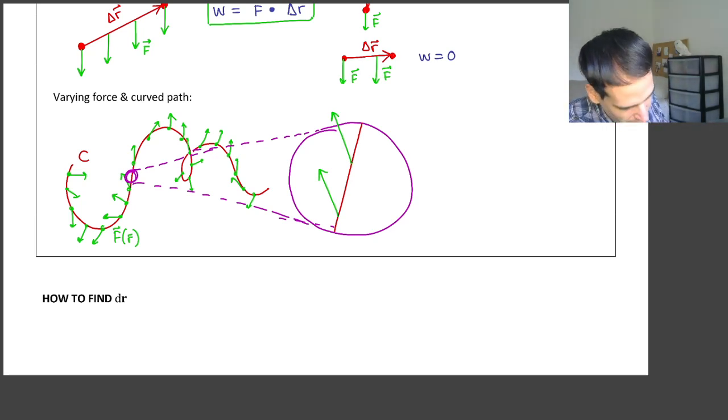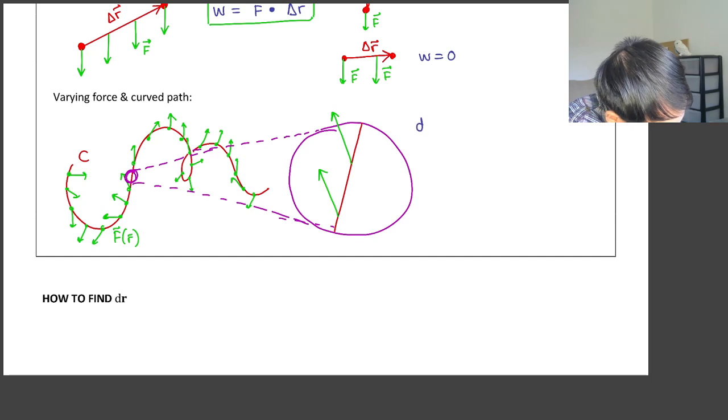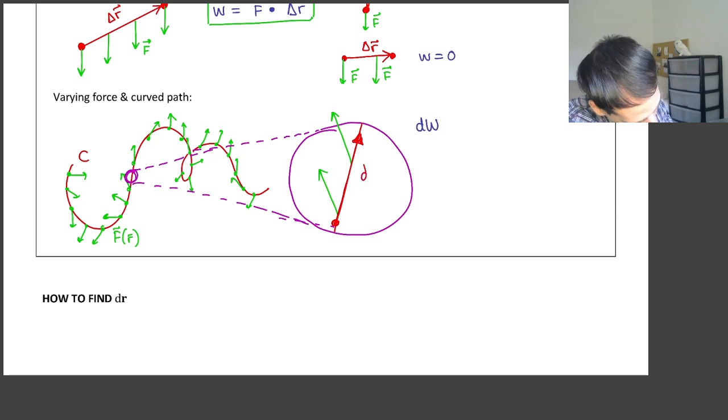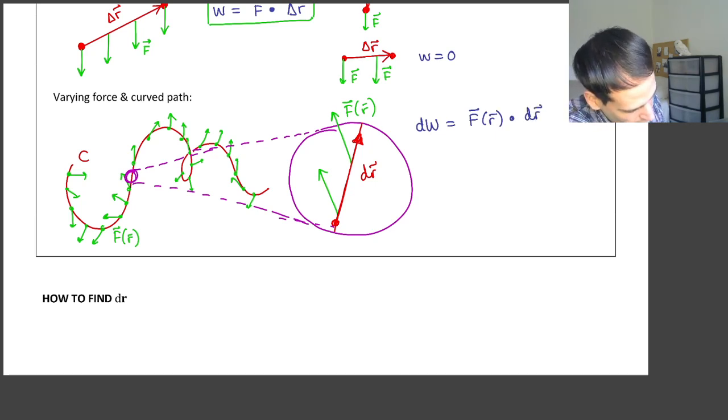And therefore we can define a differential of work along this path given by this differential of the path. So let's call this dr, and this is the force evaluated at r. So now the differential of work is just the force evaluated at r dot dr, because everything is constant, by zooming in closely enough, okay?